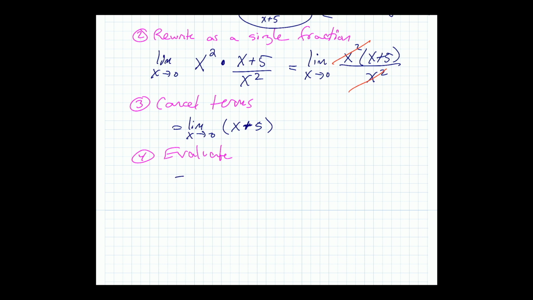How's that going to work? Should just be, well, actually, no limit, because we're going to evaluate by plugging in x equals 0. So plug in the 0, and you're going to get 0 plus 5, which is 5. So that is your answer.